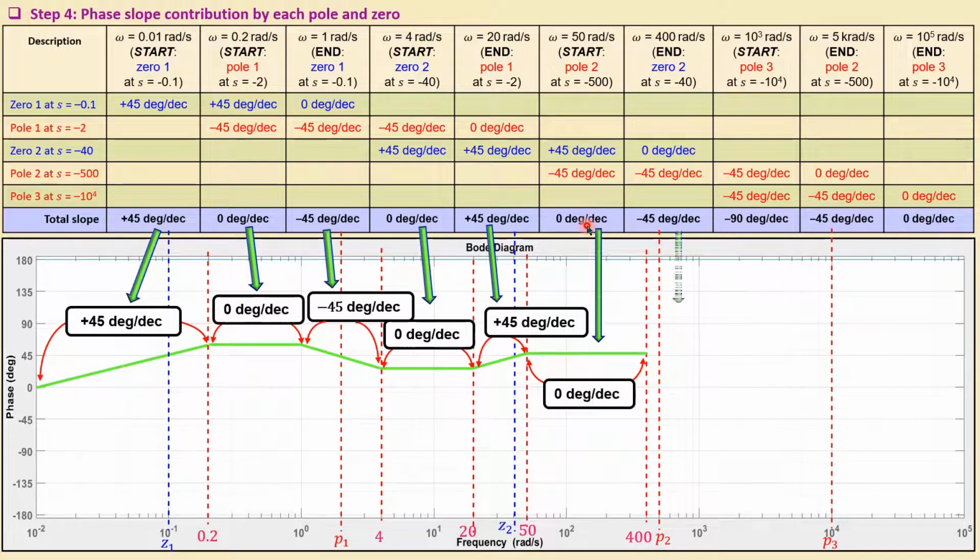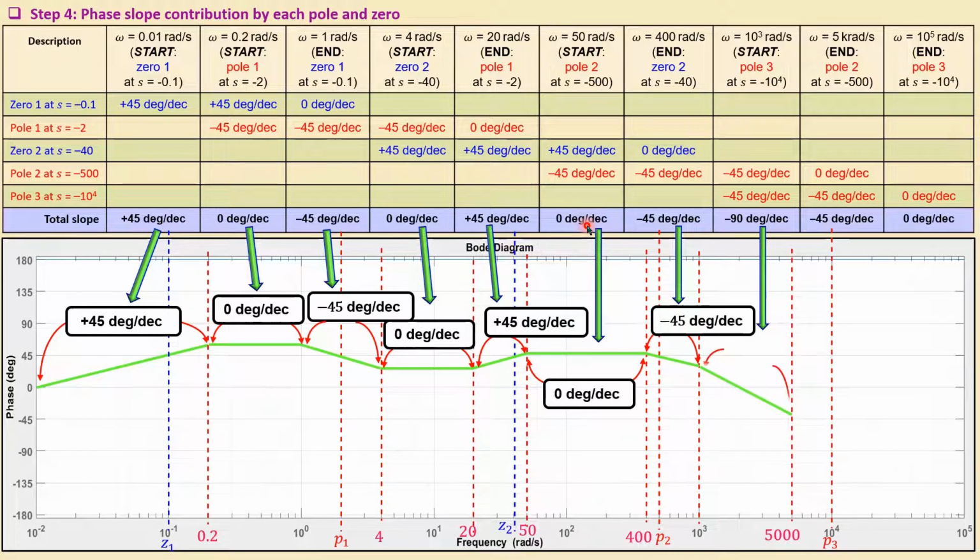And that will keep plotting, so you can just plot this for each segment, and then you see, for example, here minus 90 degrees and minus 45 degrees up to the high frequency of 10 to the power 5 radians per second. But after that, the slope will be 0 degrees per decade.